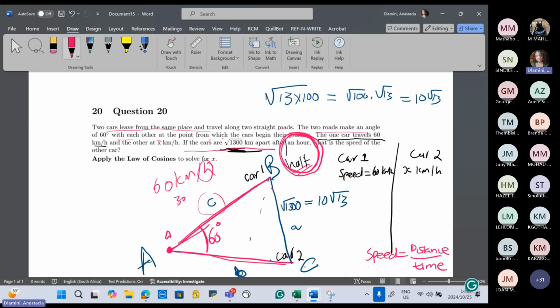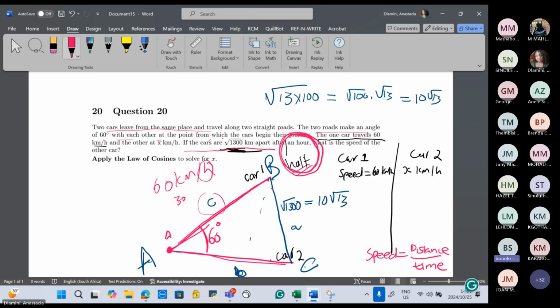So speed is equal to distance over time. Or is there a typing error? The answer there was none of the above. But if I put 0.5, then it gives me an answer. So that's why I'm putting 0.5, half an hour, so that I can show you how the problem is done.